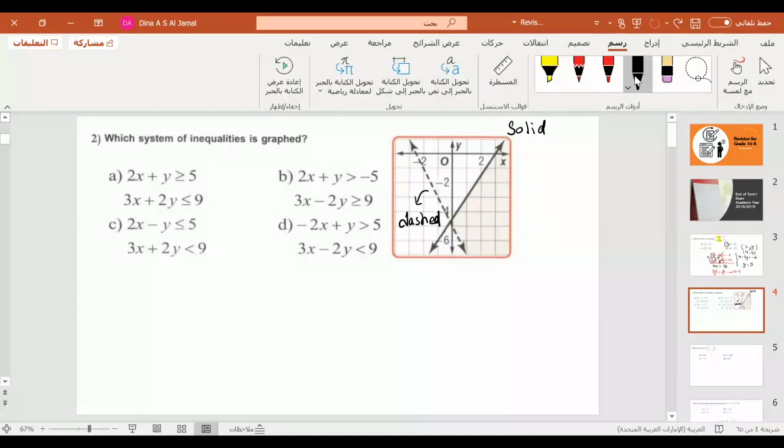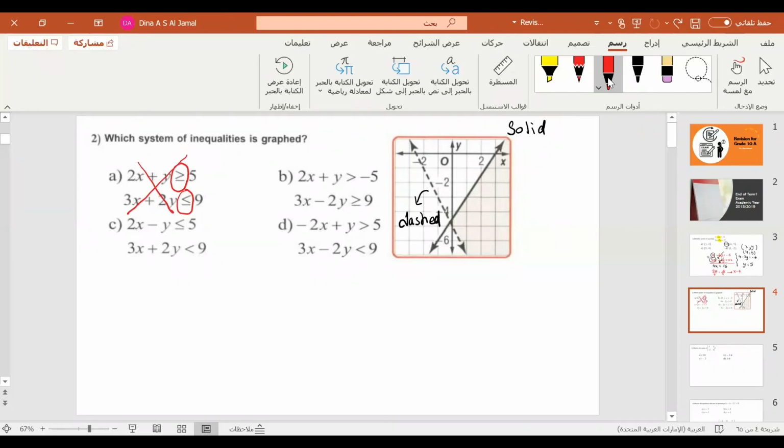That means one of the inequalities will have an equal sign, and the other one will not. Let's look at A. Both of them have equal, so we will eliminate option A.